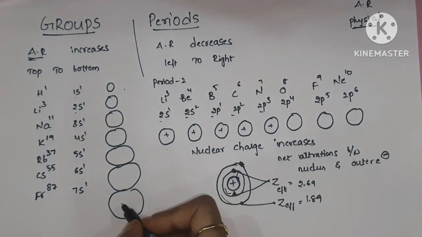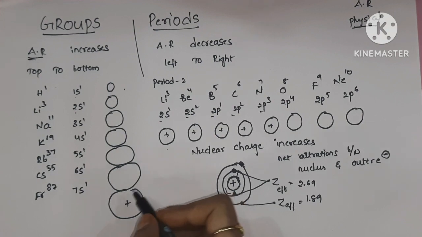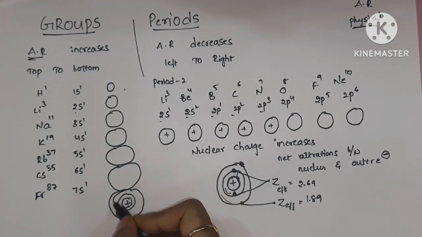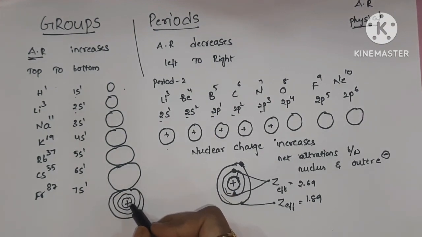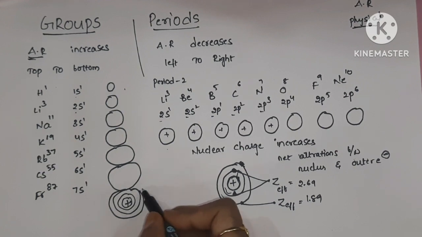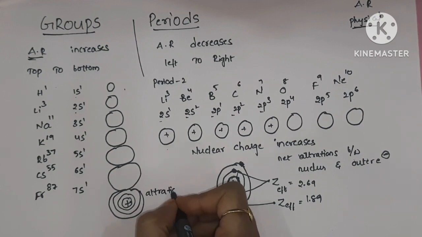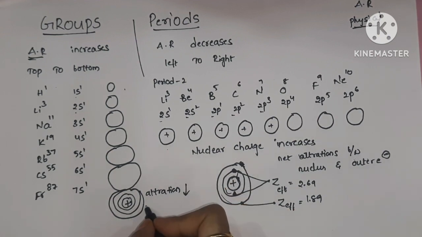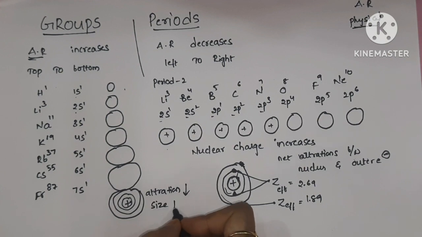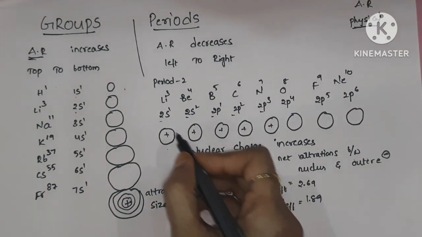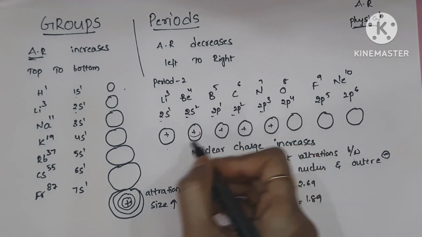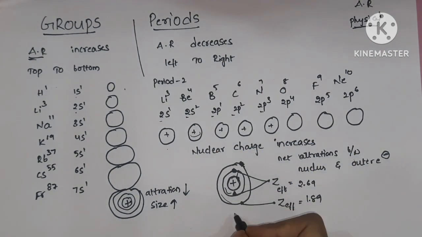If the size is big, the attraction between the nucleus and outer electrons decreases, because the size increases. But here the size is small and remains the same from left to right, so obviously the attraction is high.